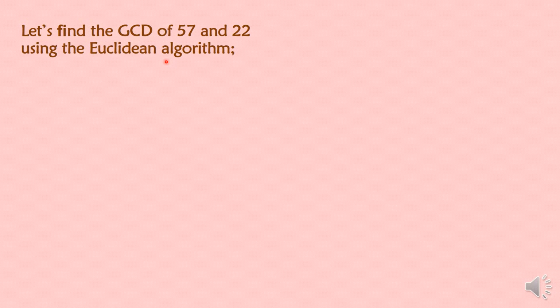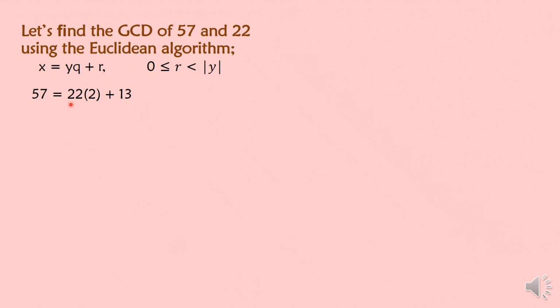By the equation of the Euclidean algorithm, x = yq + r, where x will be 57 and y is 22 for our b, and q is the quotient of x and y, plus r, where r is the remainder, r greater than or equal to 0 and less than y.